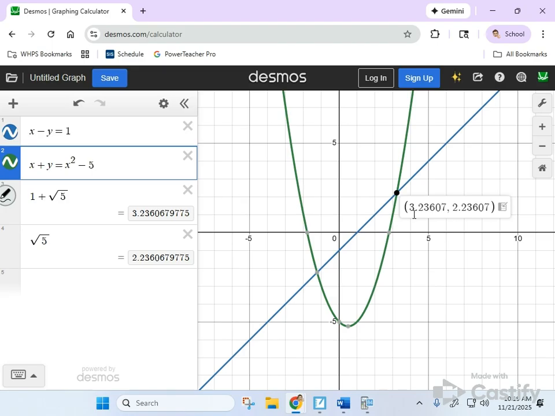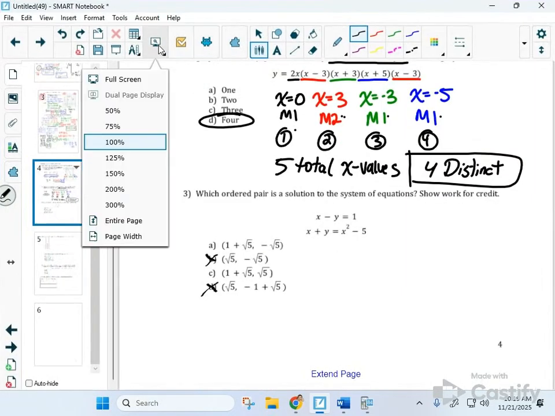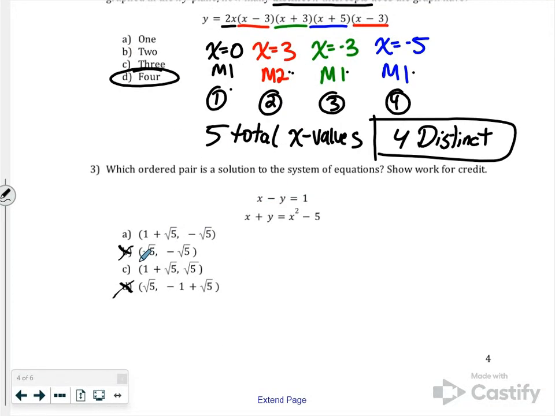So that one right there is an x value of 1 plus the square root of 5, and the y value is the square root of 5. So your best answer is option C. So C is your option, and we're going to move over.